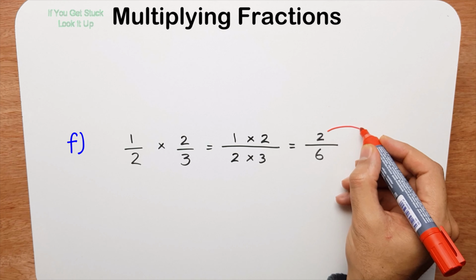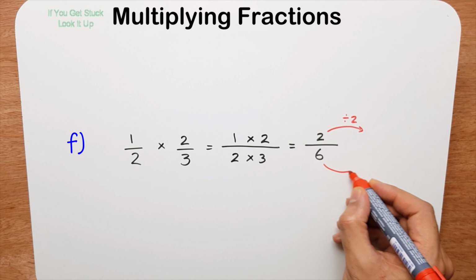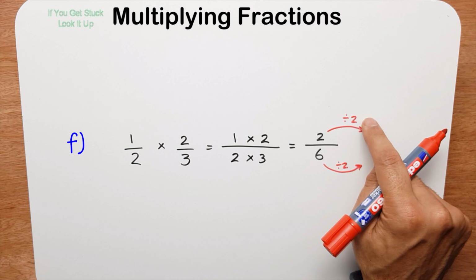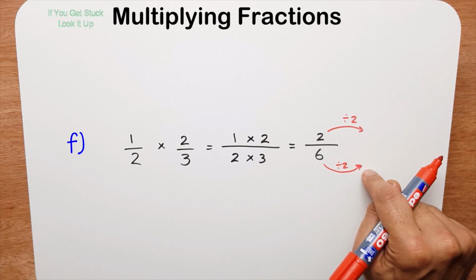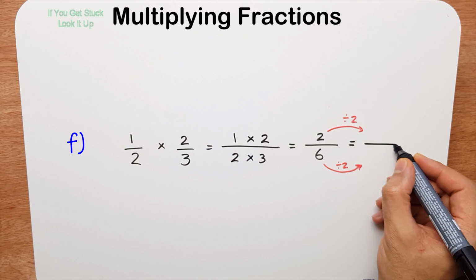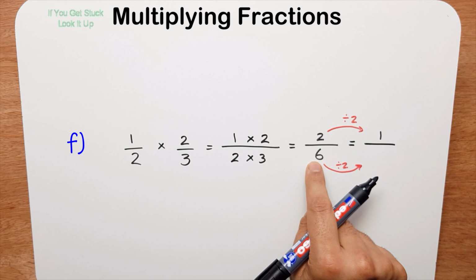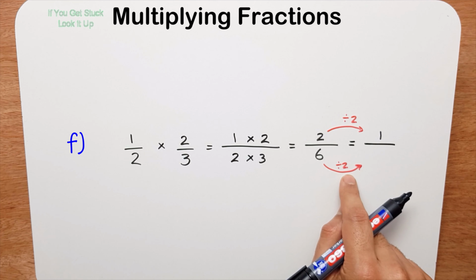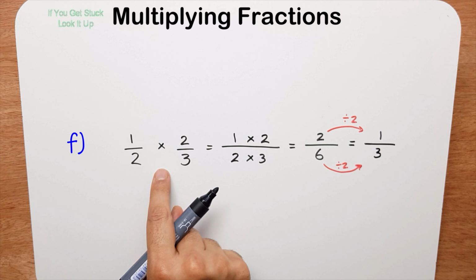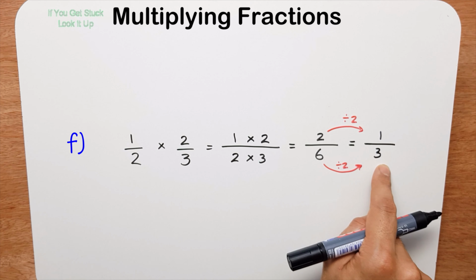I can divide the top number by 2, and I can divide the bottom number by 2. And remember, whatever we do to the top, we have to do to the bottom. Put the equal sign down and the fraction line. 2 divided by 2 is 1. 6 divided by 2 is 3. So I can say 1/2 times 2/3 is 1/3.